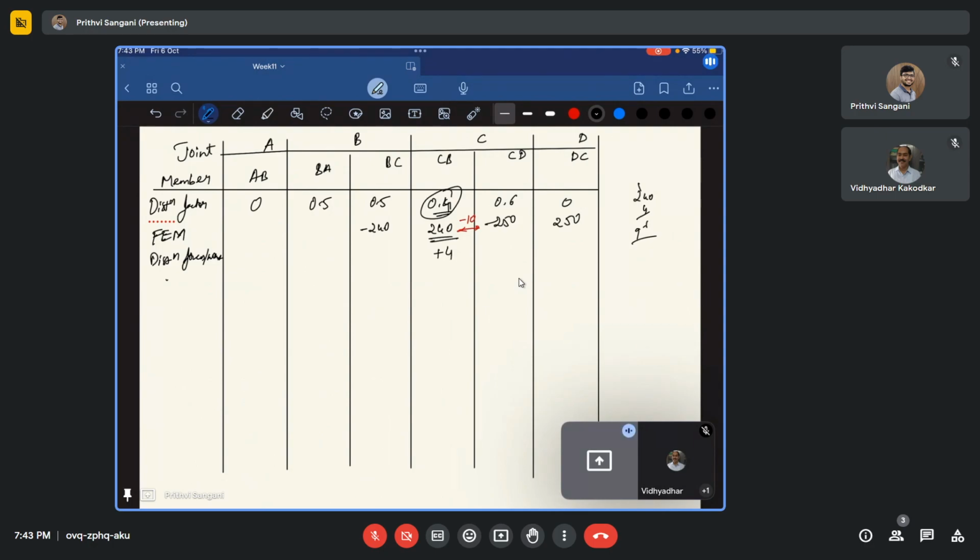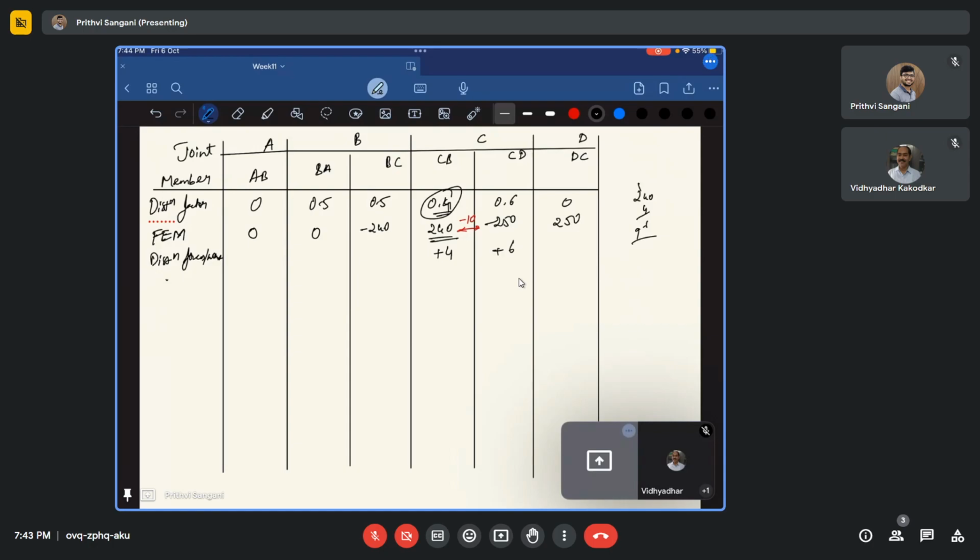Okay, so what about CD? CD will have plus 6. All right. Now what is going to happen at BC? So BC, the total net at B is BC only, because BA is not having any fixed end moments. So let me write 0 here. BA and AB are not having any fixed end moments. So BC is only having a share of minus 240, and minus 240 has to be shared by BA and BC.